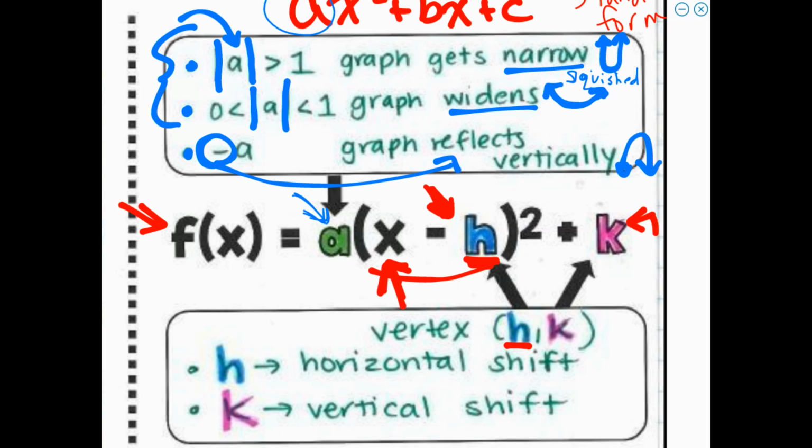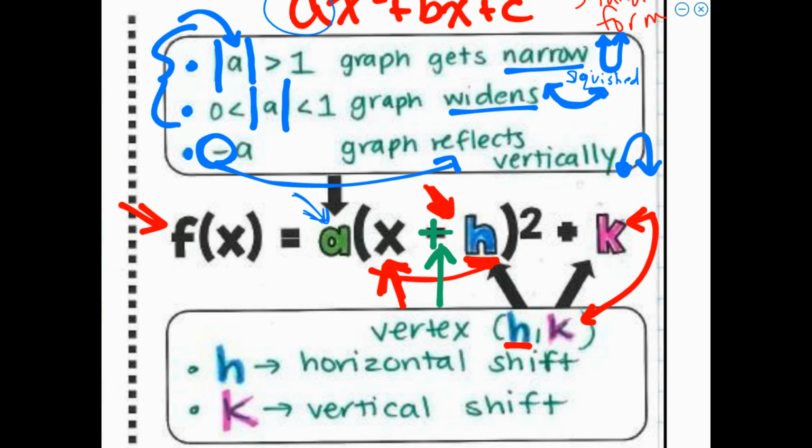So it is the y coordinate of your vertex. The other thing we talked about when we were talking about transformations of linear equations is that anything that happens inside the parentheses is opposite, remember? So when you see a negative h, it's actually positive. If you were to see a positive h, it's actually negative.